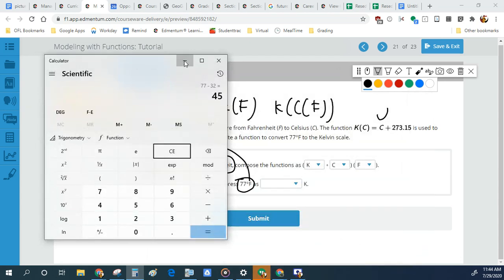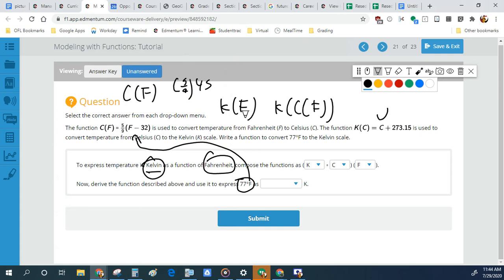Okay, 45. So now, when it comes to the fraction, guys, there's two options. You can multiply the top and the top or divide by the bottom. I'm going to divide by the bottom first. 45 divided by 9 is 5. So we have 5 times 5, and that's going to give us 25. That makes sense?